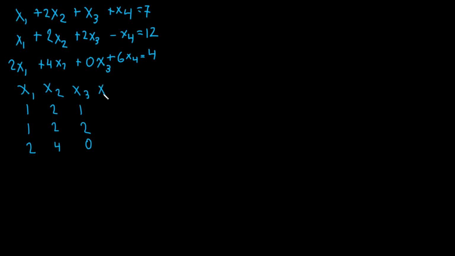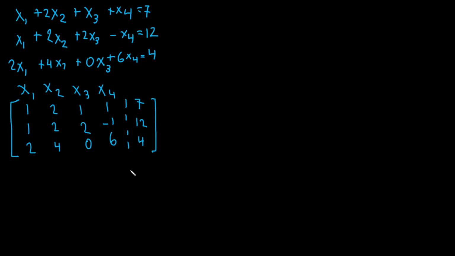And x4 is 1, minus 1, and 6. So this is our coefficient matrix, and we need to add on a column that describes what each of these equations is equal to. So this column would contain the values 7, 12, and 4. So we need to apply Gauss-Jordan elimination to this matrix in order to obtain a solution.